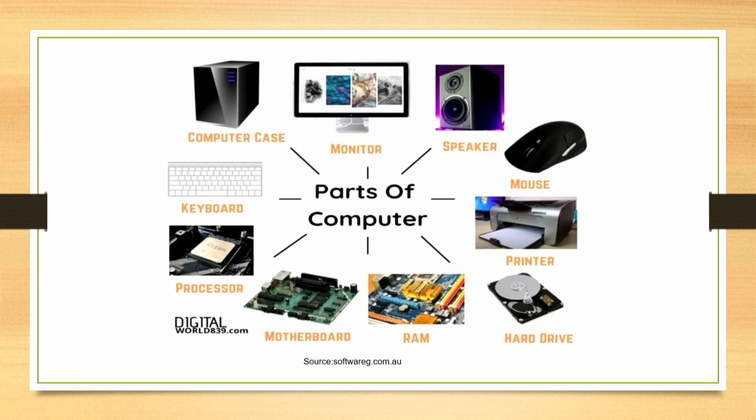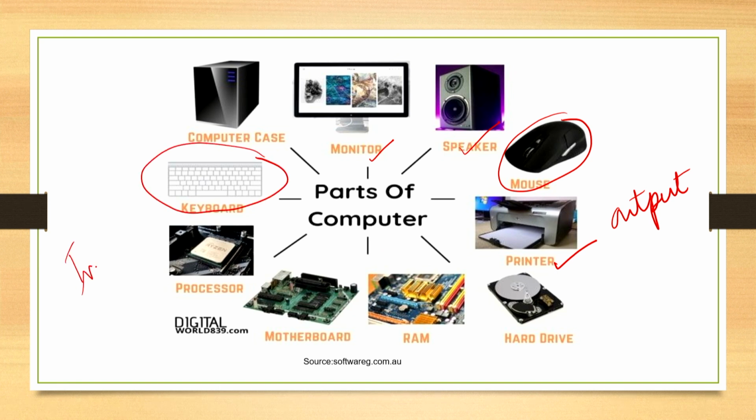From this figure you can get information about the input devices, output devices and the CPU. Here the monitor, printer and speaker act as the output unit, or output devices, whereas the mouse and the keyboard are the input unit through which you give input to the computer system.